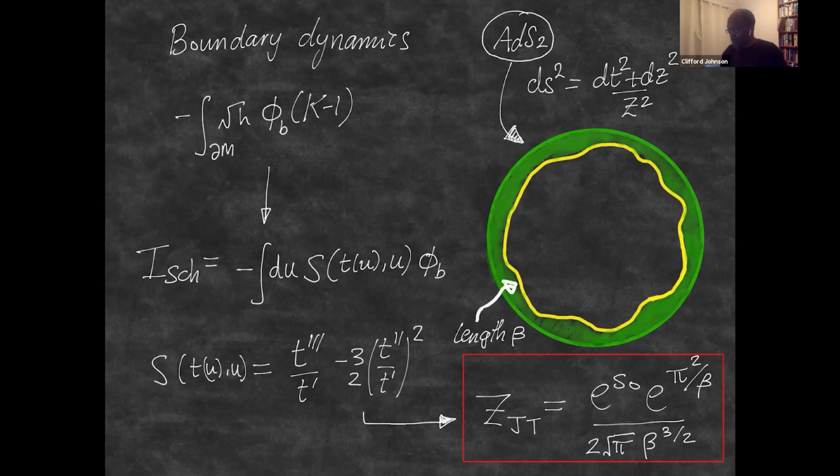A wonderful place to learn about some of this would be, for example, Shenker and Stanford, who put a lot of this story together in relation to both the gravity side and the dual SYK model.